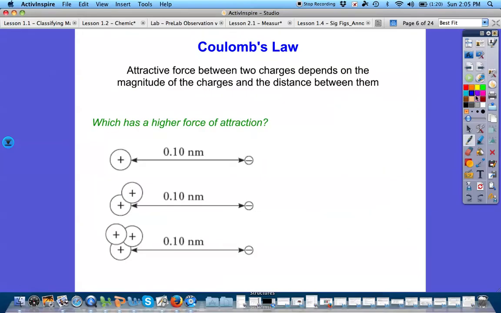So here, still looking at Coulomb's law, we have the same distance for all three of these and the same negative charge for all of these, but the magnitude of the positive charge is increasing.